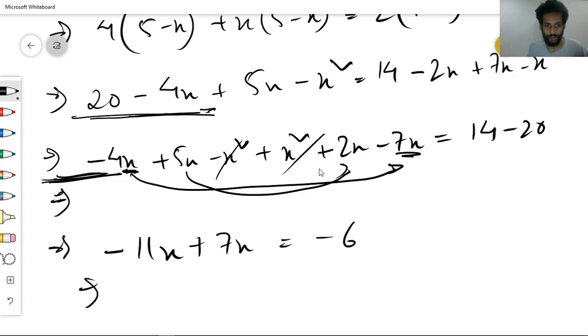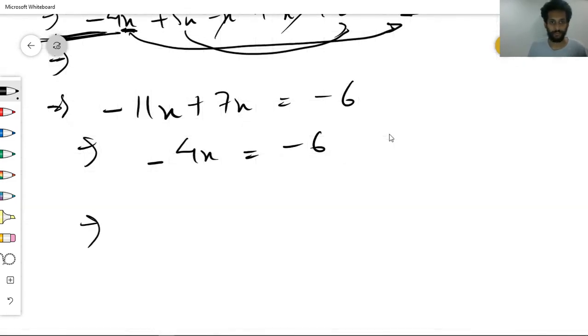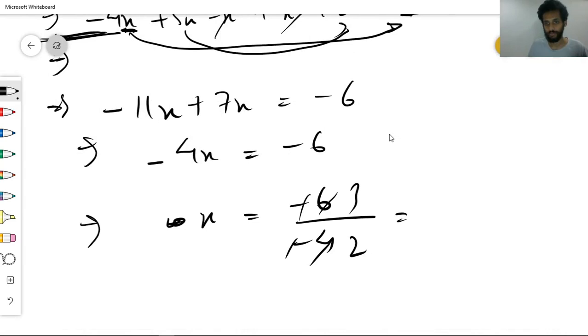So here it will be minus 4x is equal to minus 6, so x is equal to minus 6 by minus 4, 3 by 2. So answer is 3 by 2, I guess. Yes.